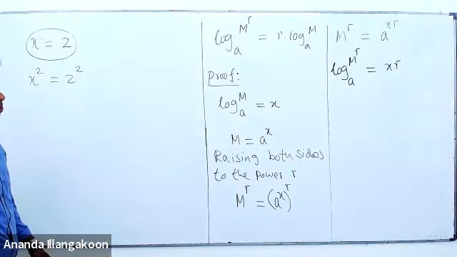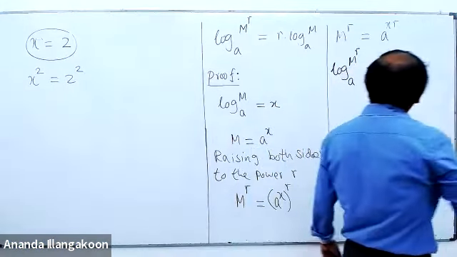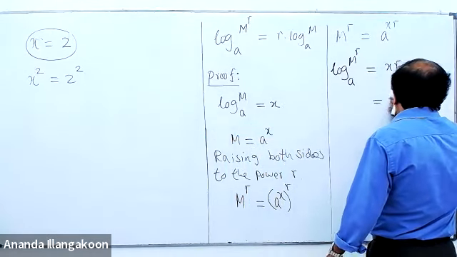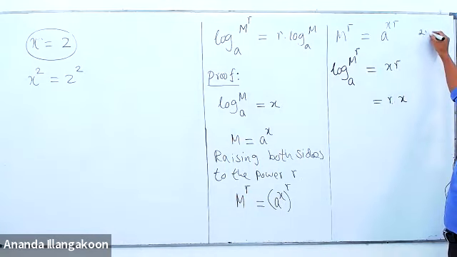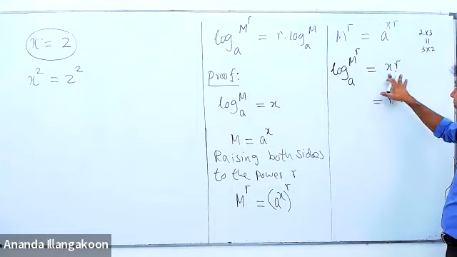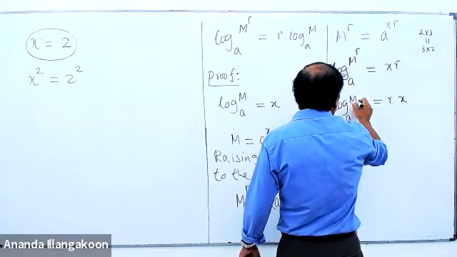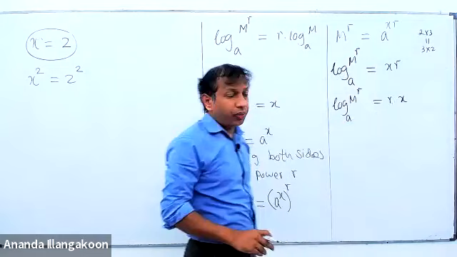Now the right hand side xr, we can write as rx, because when you multiply 2 and 3, even if you interchange the order to 3 times 2, the answer is still the same. Now see what happens. For this x, you can substitute.